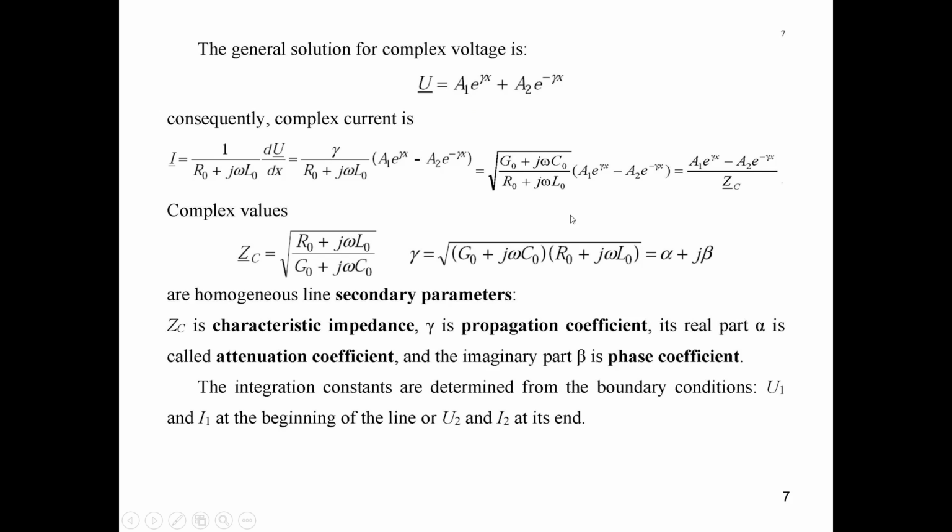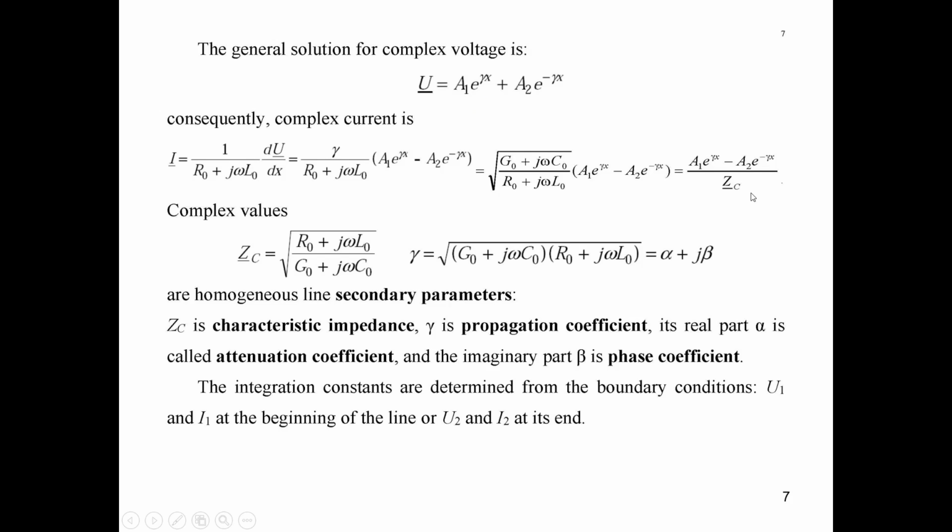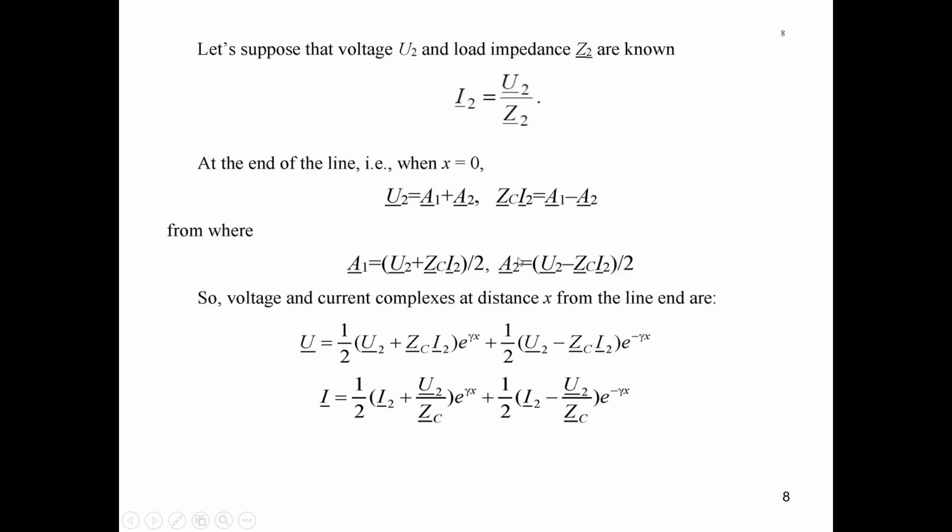For the current, at x equal to 0, we have I2 multiplied by Z characteristic equal to A1 minus A2.